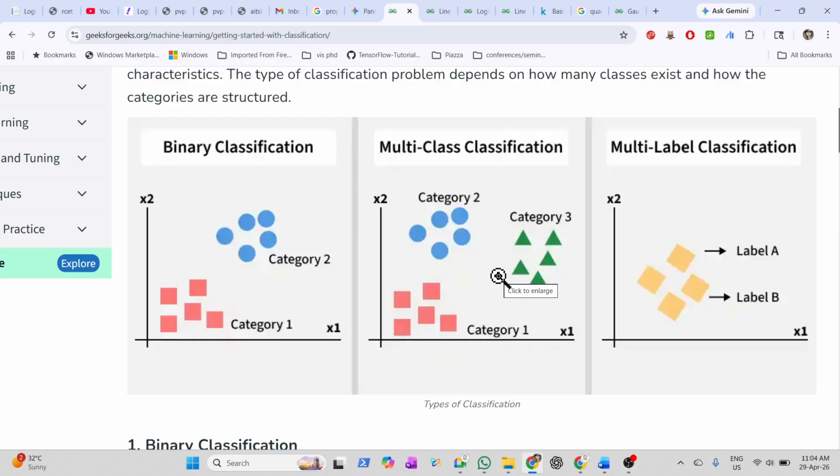Or you can say that a student will pass the exam, fail the exam, or results are withheld. Sometimes results are withheld. So there are three categories in this, or three classes.